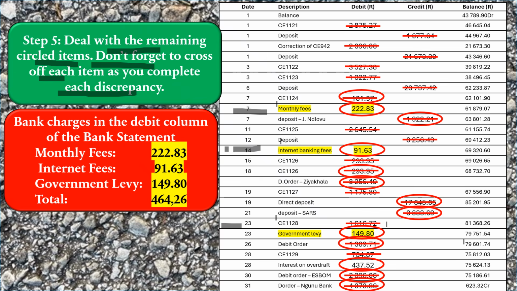There's a government levy. Now with the bank charges, you can see here, I've added up all the bank charges. Just something I want to point out. Interest is always shown separately. So don't include the interest in the bank charges amount, as you will then get the answer on your exam or in your test incorrect.